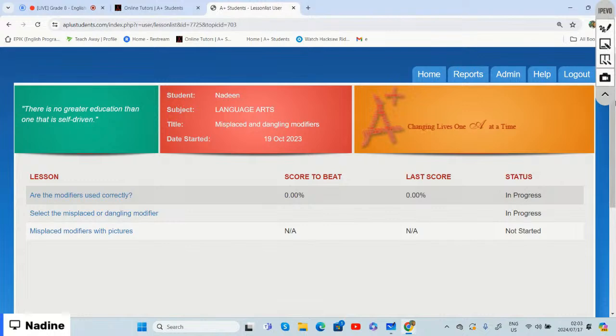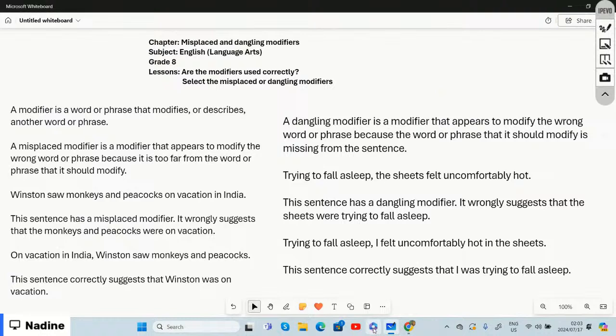All right. So our chapter is misplaced and dangling modifiers. Our subject is English Language Arts, grade 8.